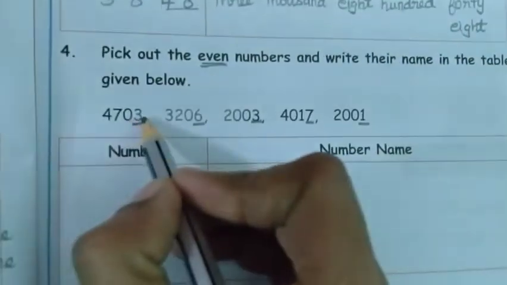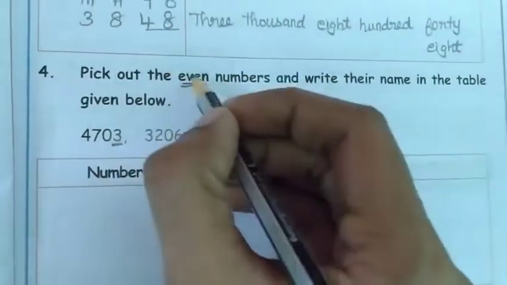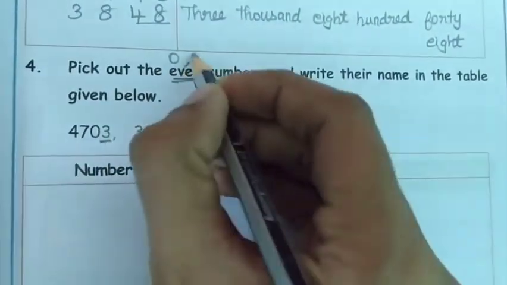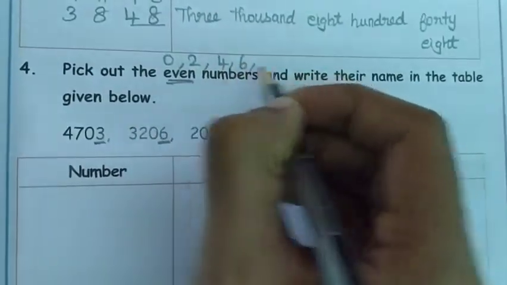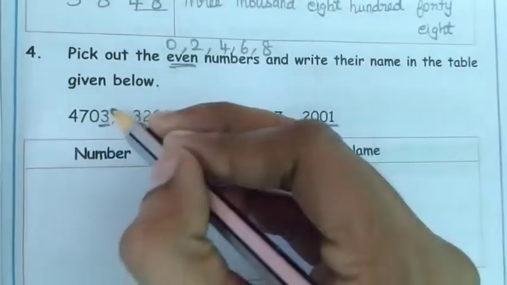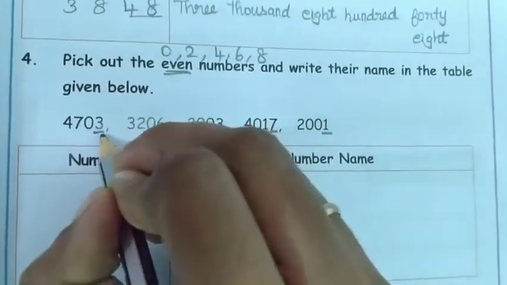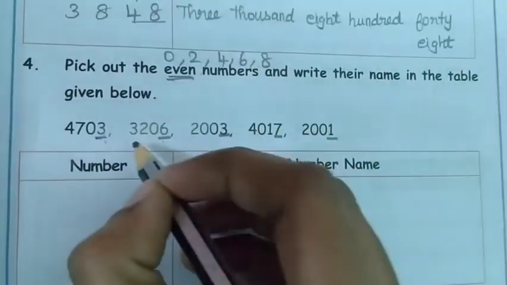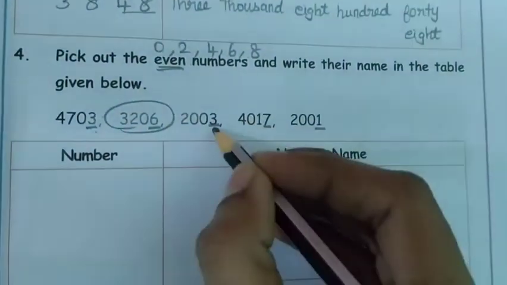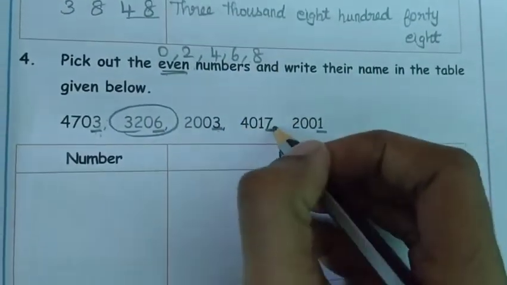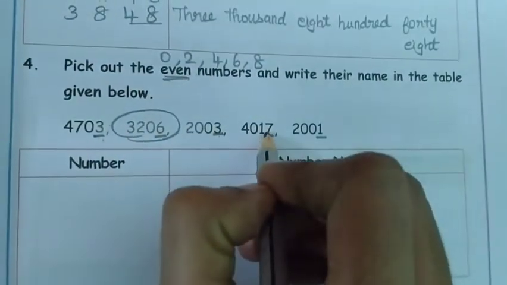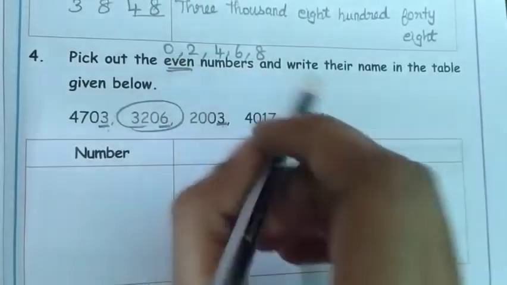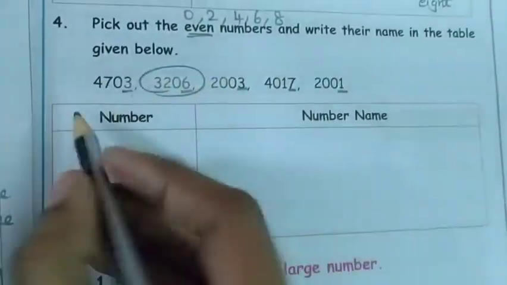What are the even numbers? 0, 2, 4, 6, 8. Is 3 an even number or no? 6 is an even number, yes, so circle it. 7 is an odd number, so leave it. 1 is also an odd number, so leave it. So only one number is there.